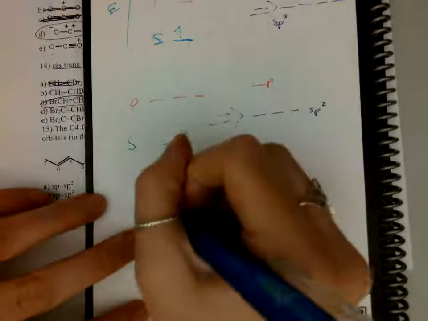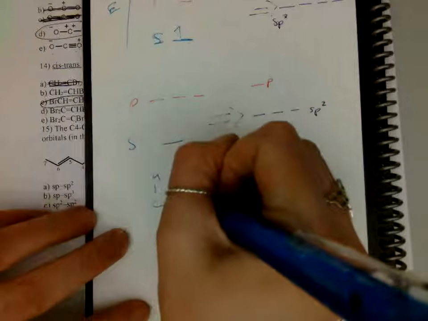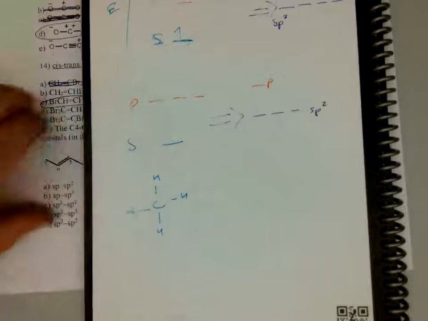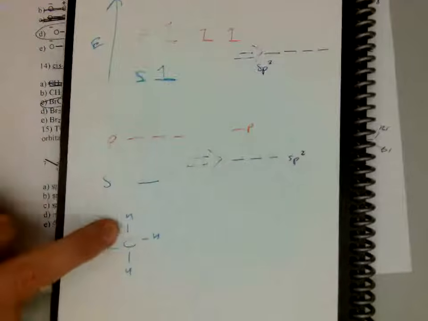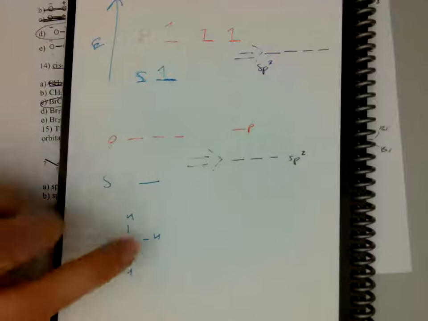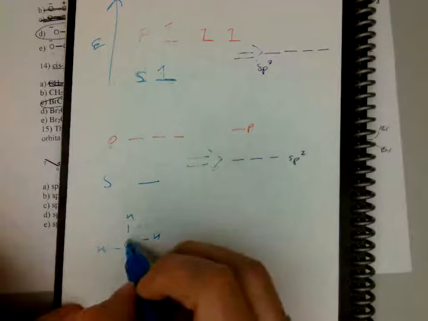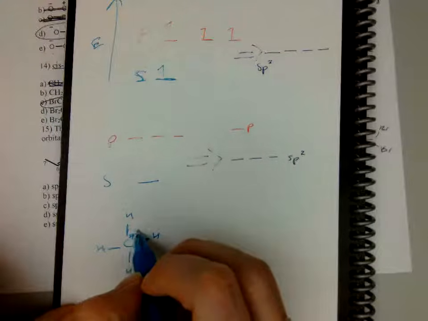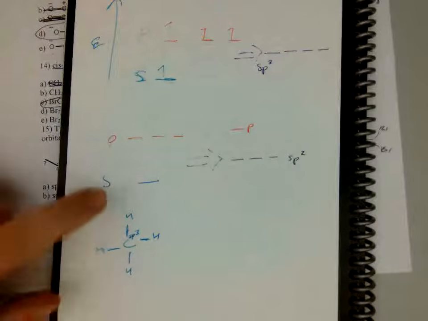So now let's talk about carbon. You have 4 bonds here. This carbon has its 4 valence electrons, and instead of having 1 s orbital and 3 p orbital electrons, because that would be weird, they hybridize, and all of these bonds are made up of an sp3 orbital on the carbon side.